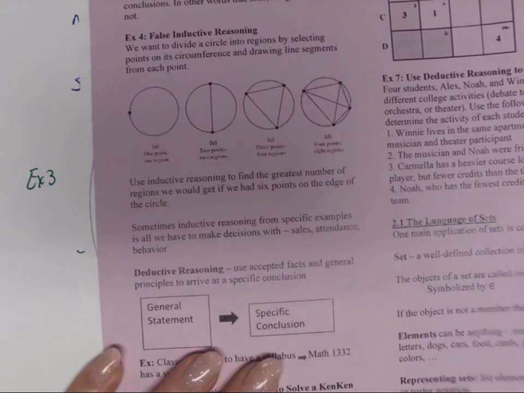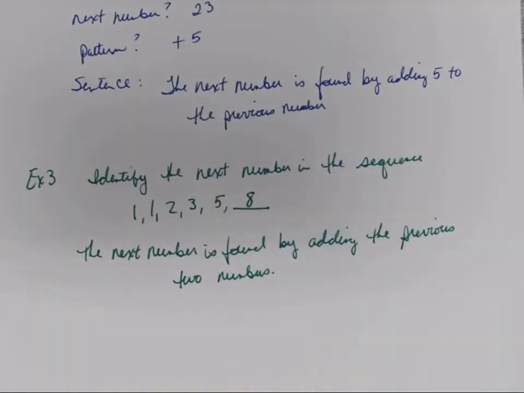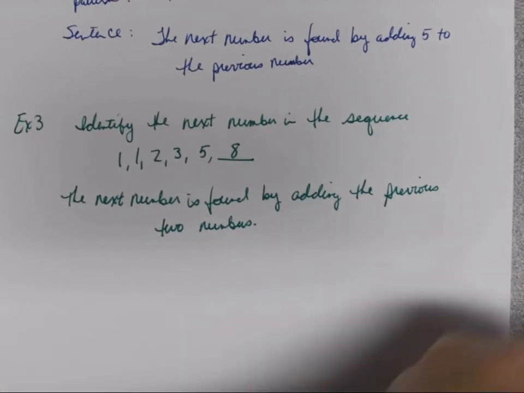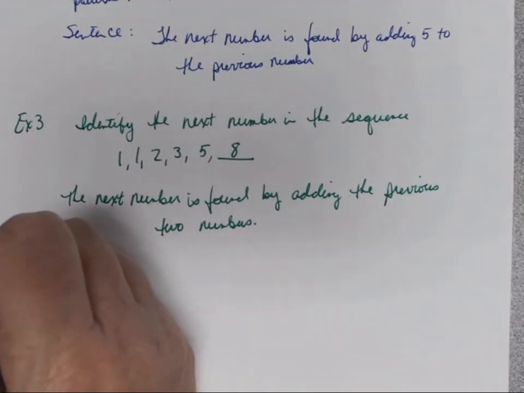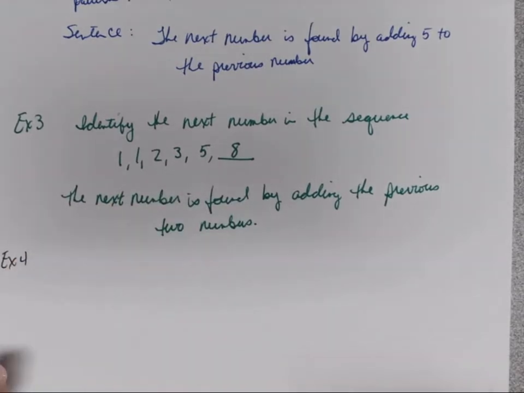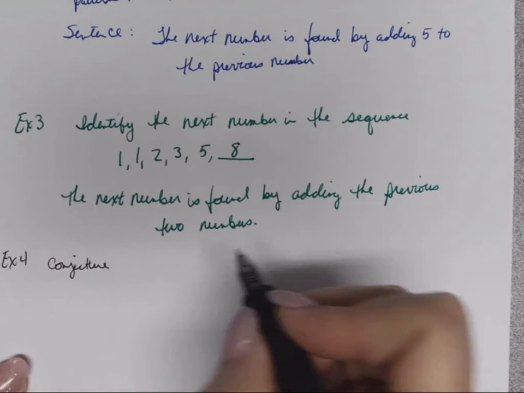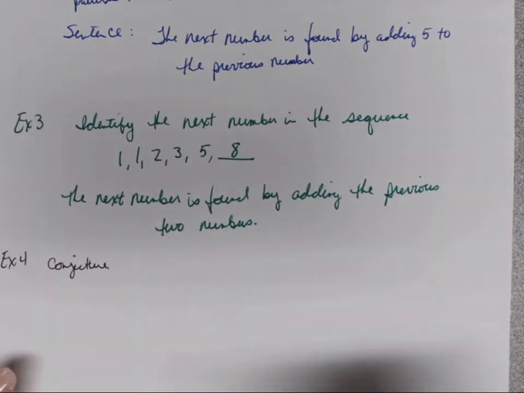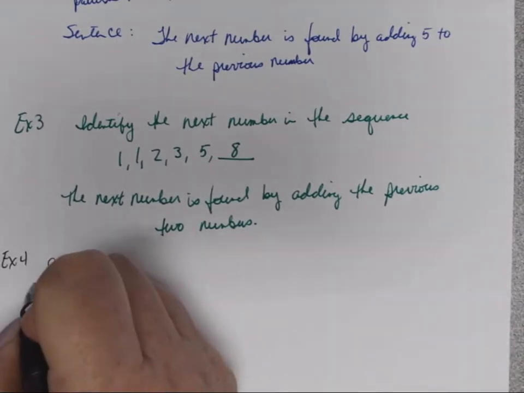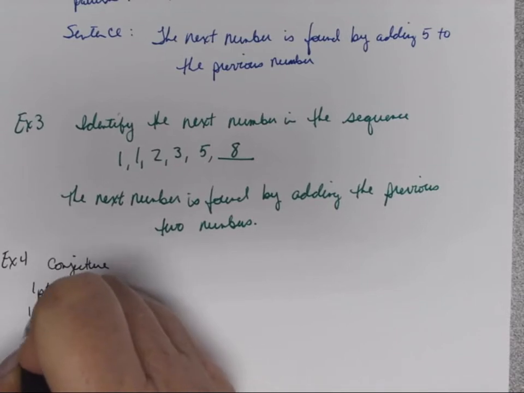So let's write that out again. Let's write that down on paper so we can kind of see how the numbers are going. Because we want to know how many we're going to end up with for 6. So let's do a conjecture. This will be example 4. So we had 1 point, we had 1 region.